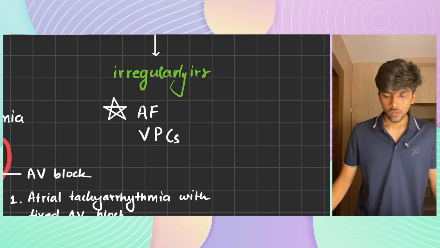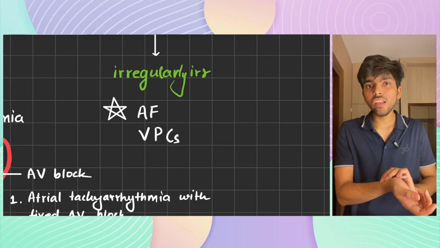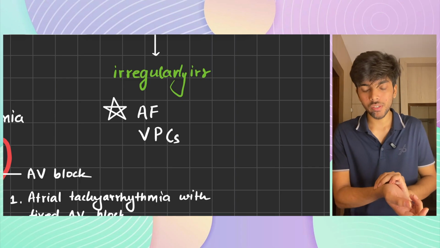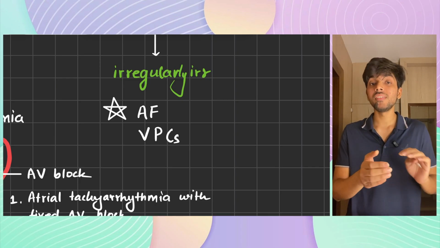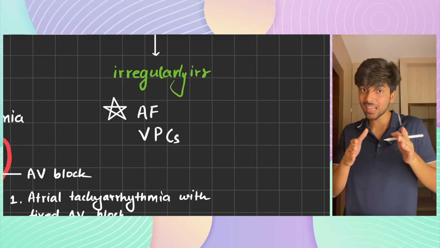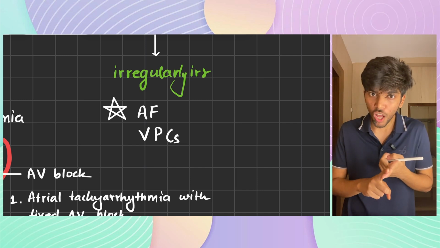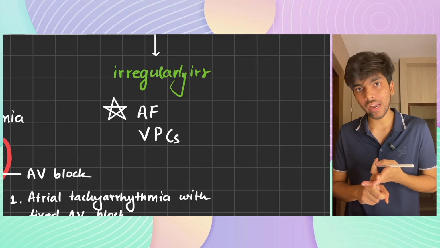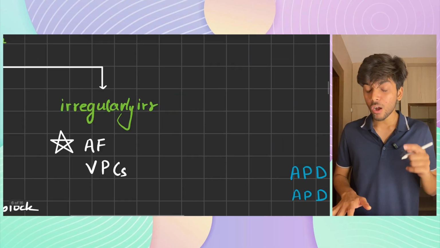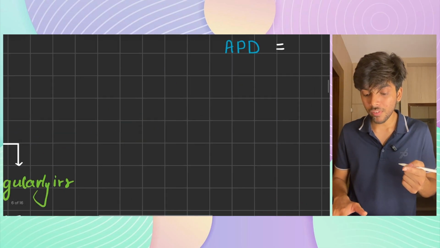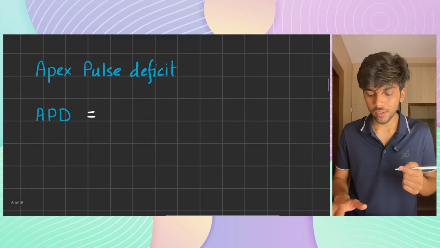So if you palpate an irregularly irregular pulse in these patients, you need to be able to differentiate whether the cause behind this type of pulse is atrial fibrillation or ventricular premature contraction. And you can do so with the help of apex pulse deficit.